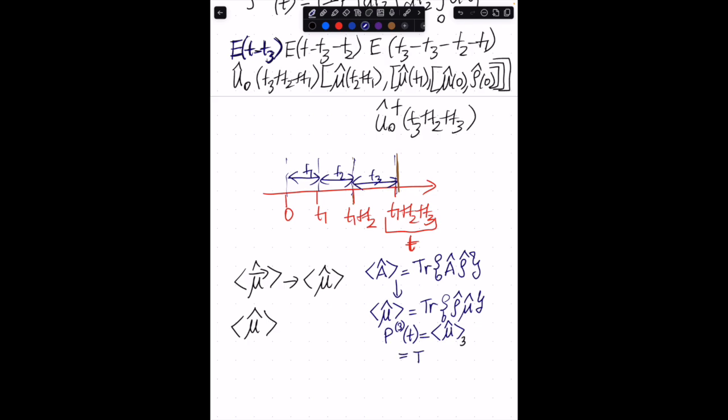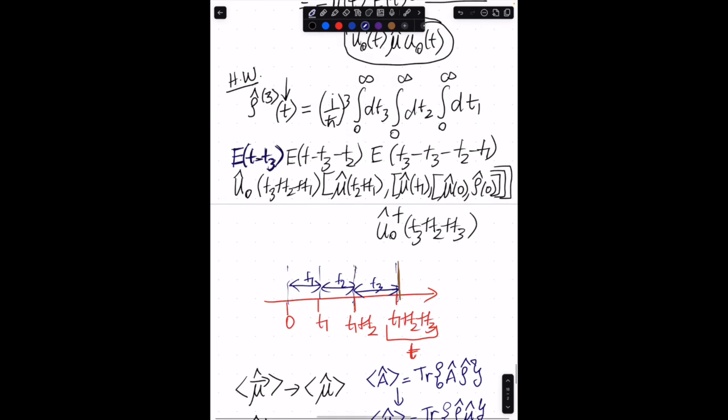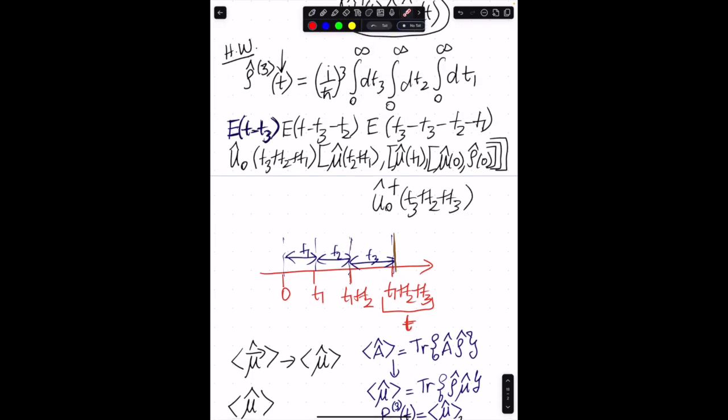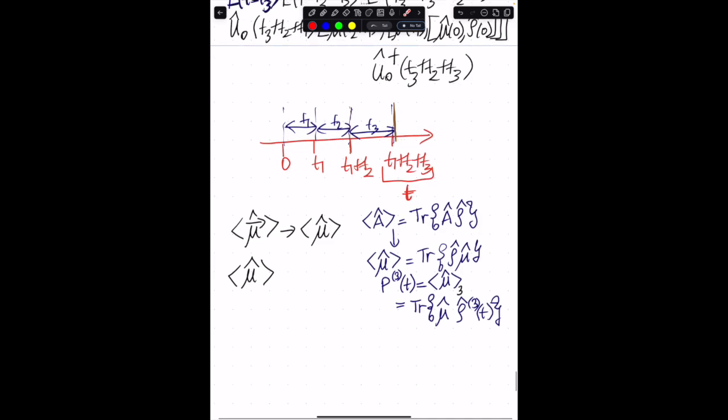So it would be the trace of the dipole operator with the third order density matrix or operator term, which we have derived right here, this huge thing. So what I need to do right now is simply take a trace of this rho third order term with the dipole operator.